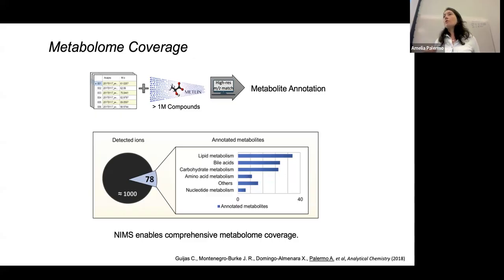Now, one limitation of mass spec imaging is that usually very few of these metabolites can be confirmed by fragmentation experiments. The reason is that the sensitivity required is so high that when we switch to fragmentation experiments, only for very few of them is it possible to isolate enough precursor to get good sensitivity on the fragmentation.